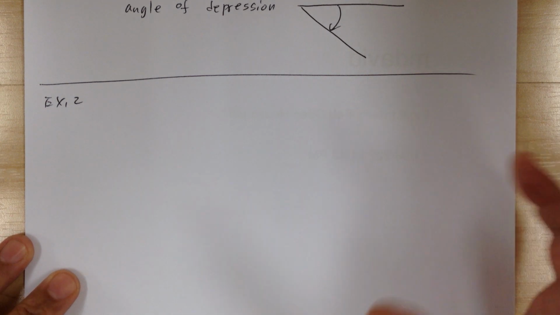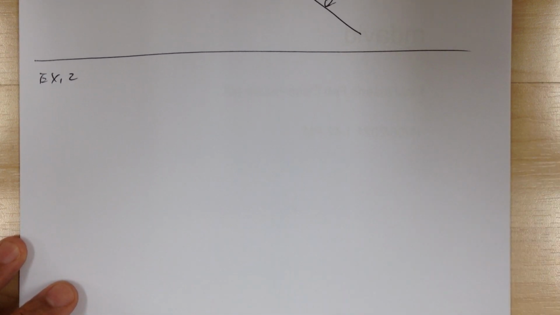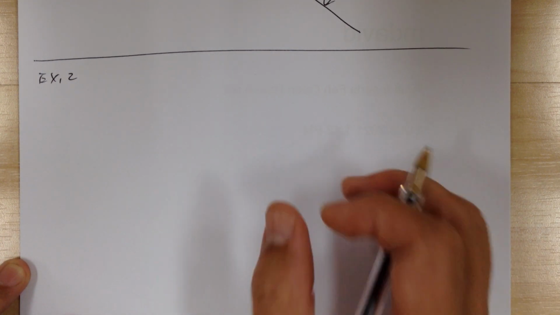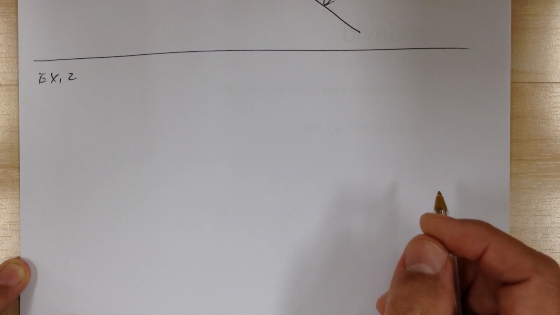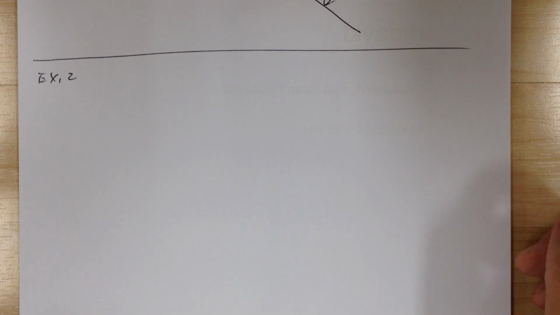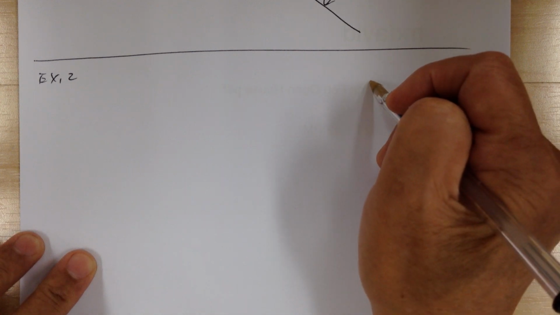Now here's the application of the trigonometry. The purpose of trigonometry is to measure things that you cannot measure directly. Whenever something you cannot just measure with a ruler, then you can use trigonometry. That's when trigonometry becomes very, very useful.